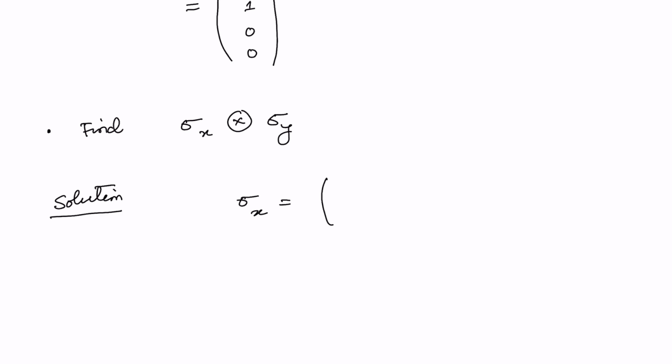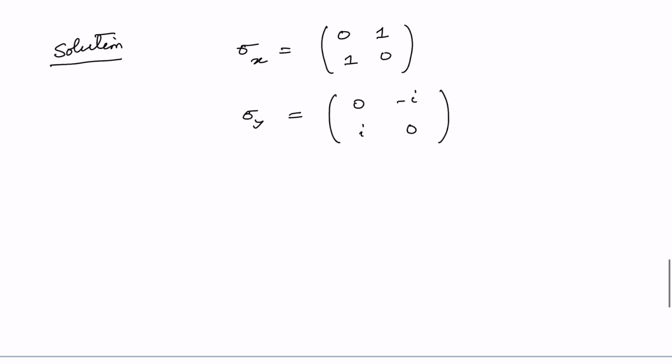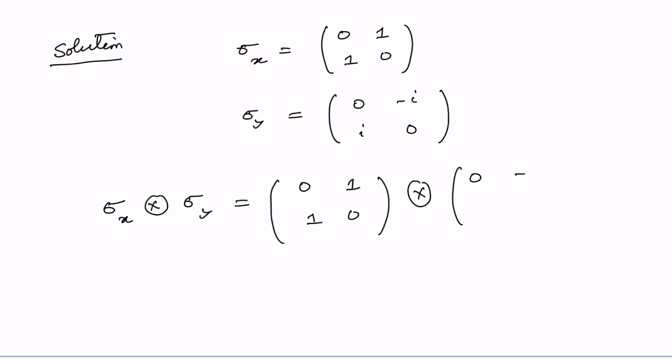Sigma x is equal to [[0, 1], [1, 0]], and sigma y is equal to [[0, -i], [i, 0]]. So sigma x direct product or tensor product with sigma y would be [[0, 1], [1, 0]] tensor product [[0, -i], [i, 0]].